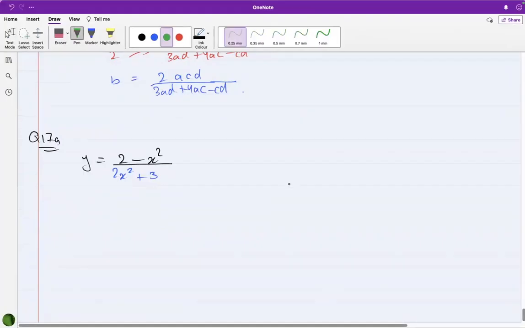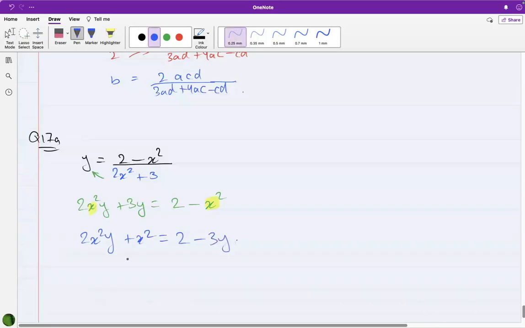There is no other option. First step is multiplying it here. Now we keep collecting all the x on one side: 2x squared y plus x squared is equal to 2 minus 3y. x on the left-hand side and y on the right-hand side.